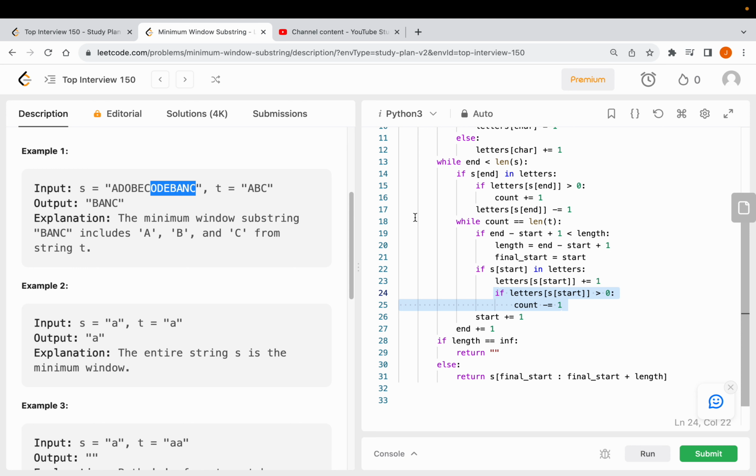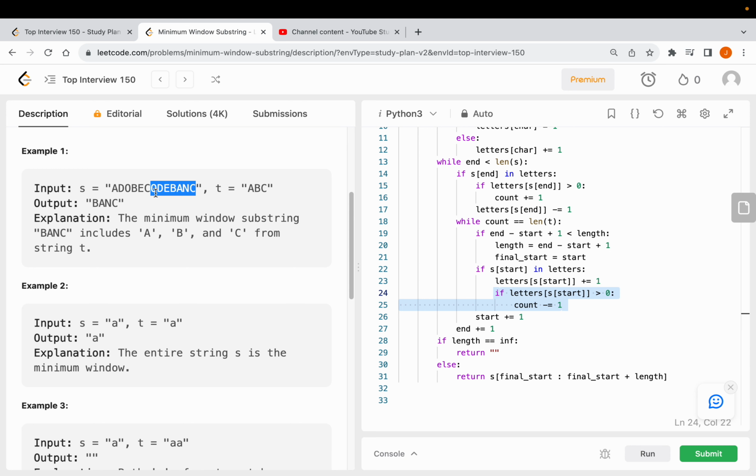After last time we removed C, we incremented its frequency back to 1 to indicate that we still need 1 C in this window. So count is going to go up 1, from 2 to 3, and frequency of C will decrement to 0. Now count is 3. What do we have? Not a shorter window, so nothing happens here.